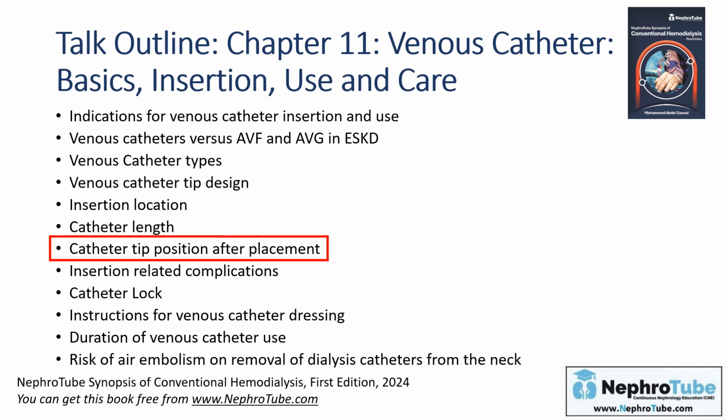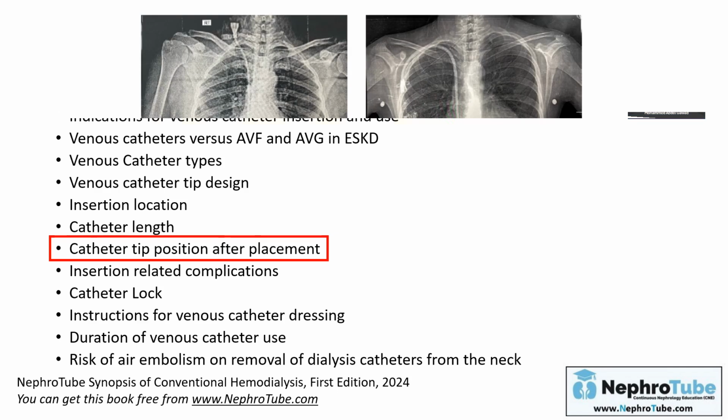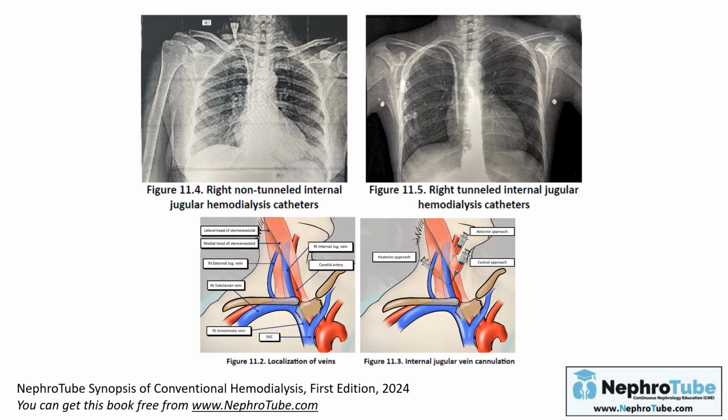About the catheter tip position and the placement, you can see here two x-rays, one for right non-tunneled internal jugular catheter and one for right tunneled internal jugular catheter. Please notice that the tip of the tunneled catheter is deeper than that of the non-tunneled catheter.